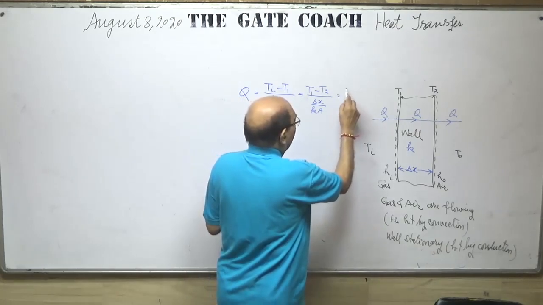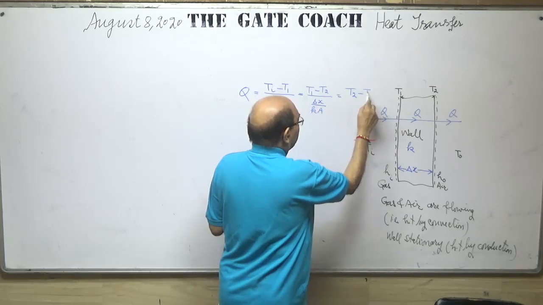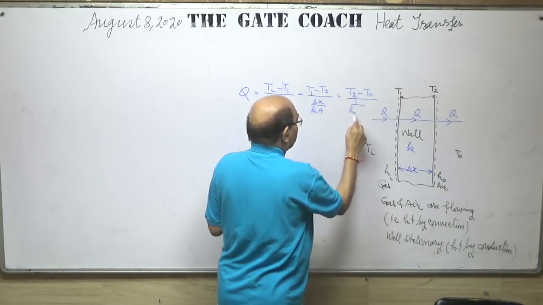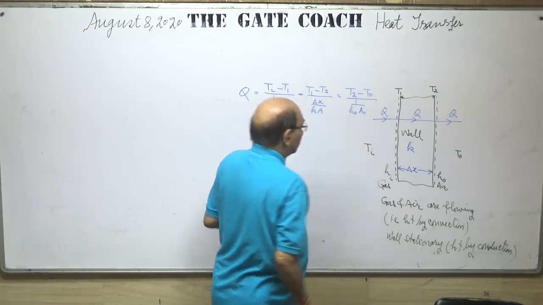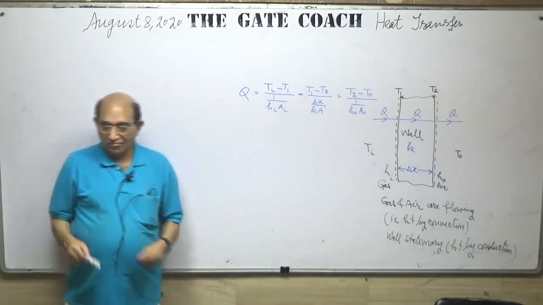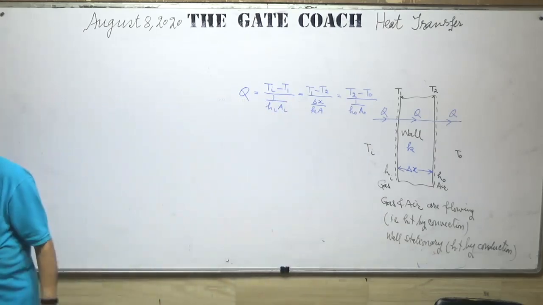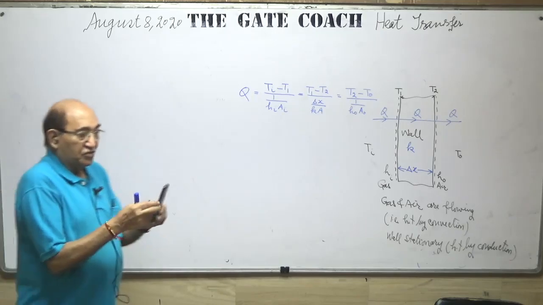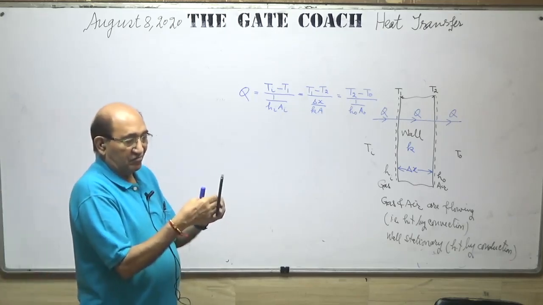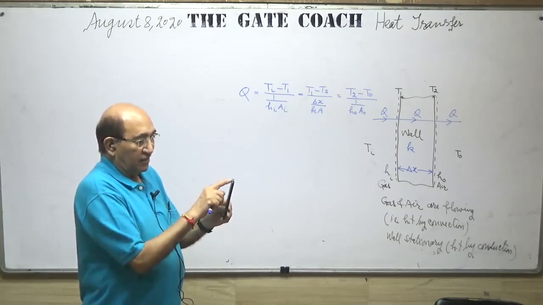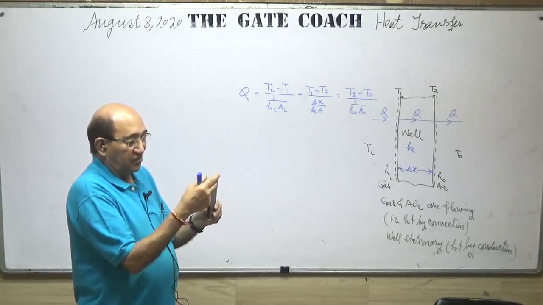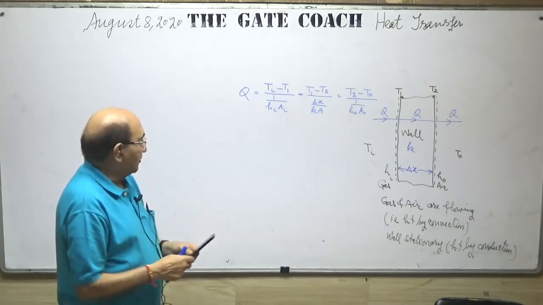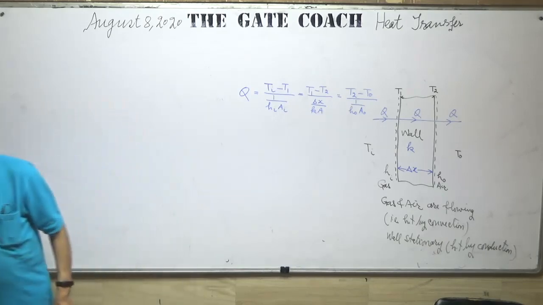Also I can write T2 minus To upon 1 upon Ho A. So friends, Hi on this side, Ho on this side, Ai this area, Ao this area, same is the area for conduction. So Ai, Ao and A, they are all same.